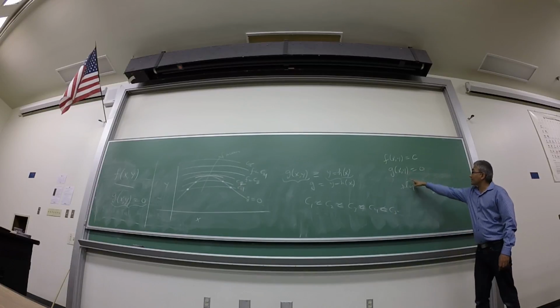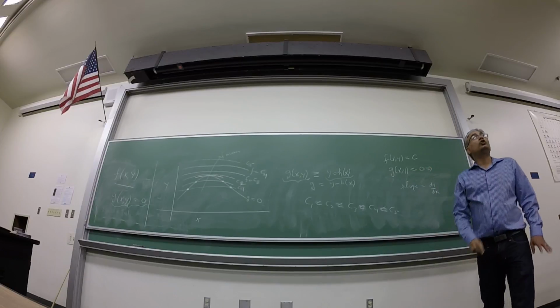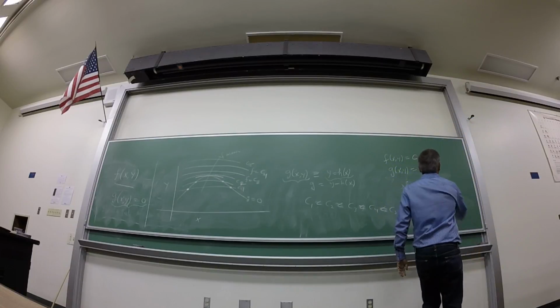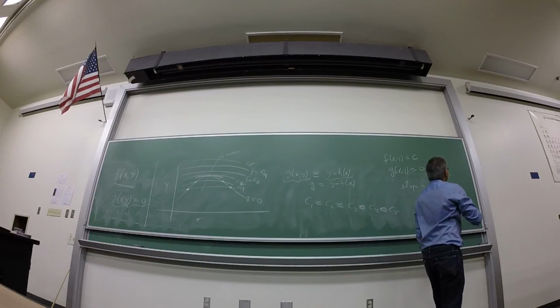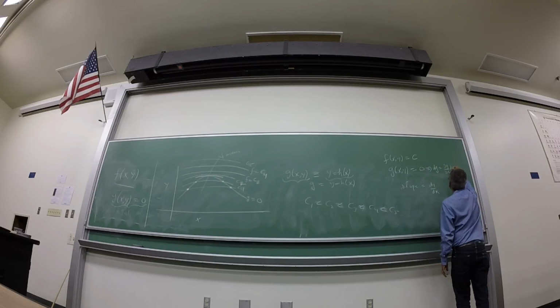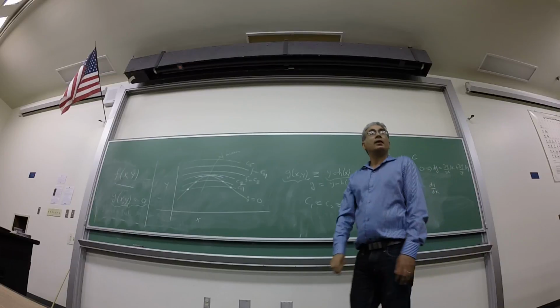You can't just get dy dx from here, but what you can do is differentiate g, the total differential. So the total differential basically means dg, but dg is going to be del g del x dx plus del g del y dy, right?